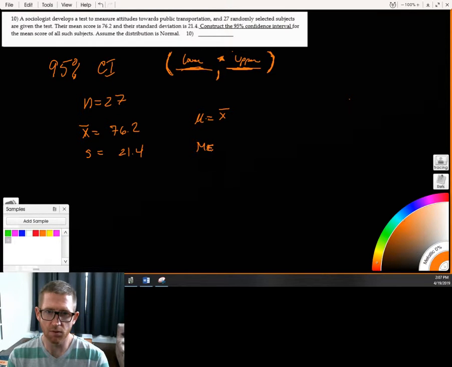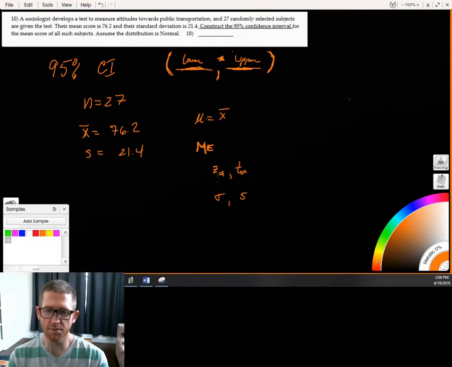And to construct this, the margin of error differs based on what kind of interval we are constructing. But to find how much error is involved, you need to know your critical value, your Z alpha or T alpha, depending on what kind of test you have, and then other than that, you need your values of n and sample standard deviation or population standard deviation, depending again on what values you're given.